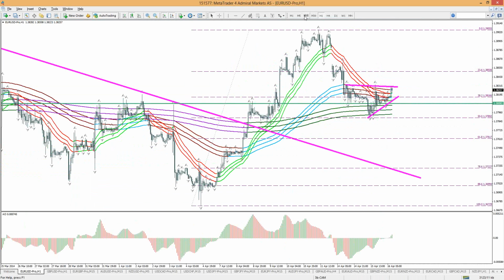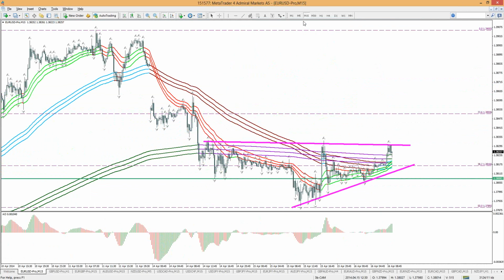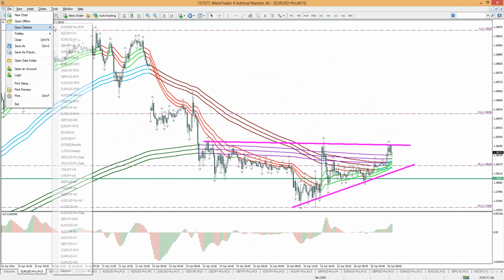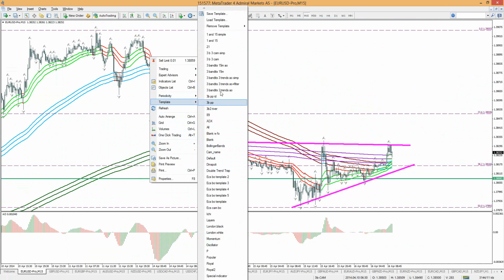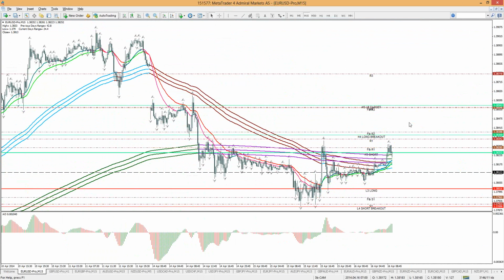Let's take a look at where the Camarilla is on the 15. No, it's not showing. Why not? Strange. Maybe it's just a template. One second. There it is. Okay, good.